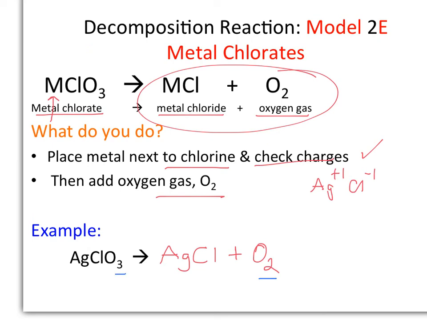I'm going to find my lowest common multiple of 6. That will allow me to put a 3 here and a 2 here to get 6 oxygen, and that changes my silver and chlorine to 2 as well, and so I will put a 2 in front of AgCl, and that will clear up this last reaction, and it is now balanced.